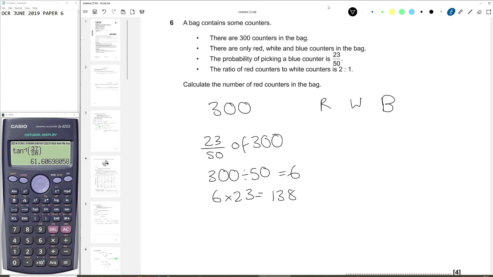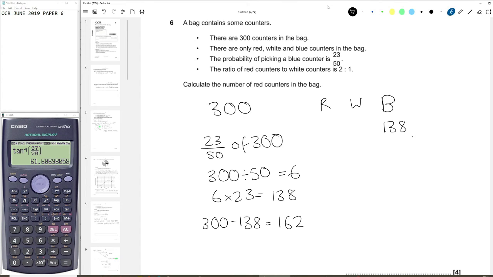So I've got 138 blue counters there. That means red and white combined would be 300 minus 138, which is 162. Don't forget, make sure you show all your working out.